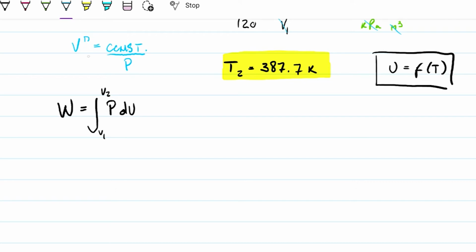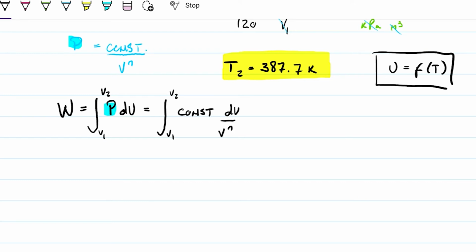Or what I can do even better is leave the P here and say this is V to the N. So the pressure is a constant divided by V to the N. And I can substitute where I have pressure here. What I'm going to be left with is this relationship here, V2, constant, dV divided by V to the N.